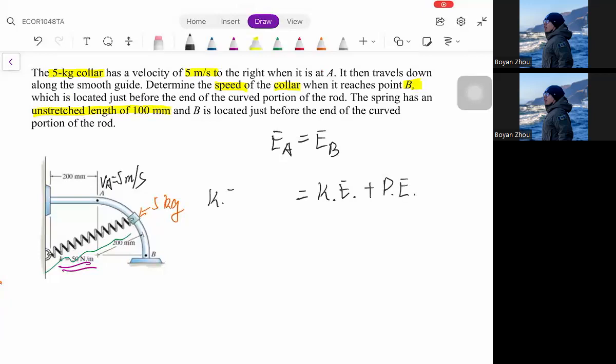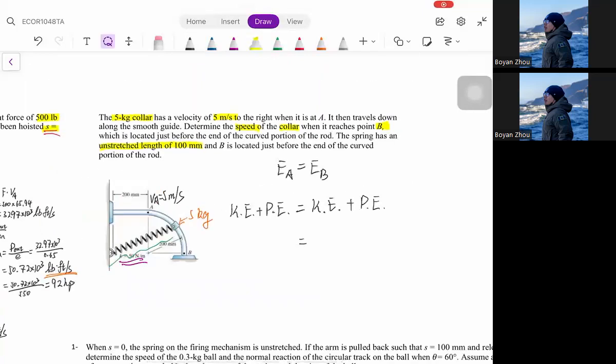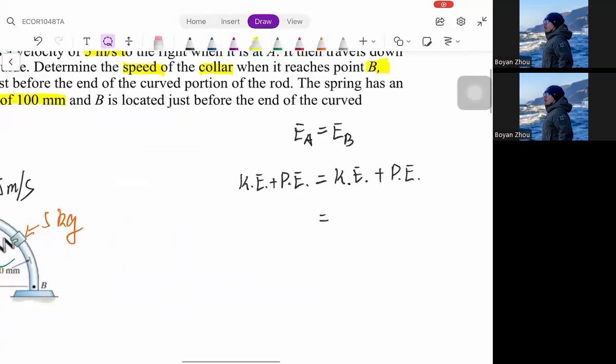So we're talking about the kinetic energy of the entire system and the potential energy of the entire system.